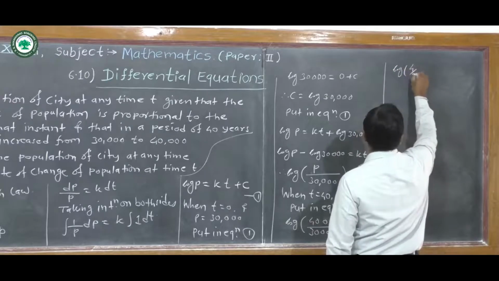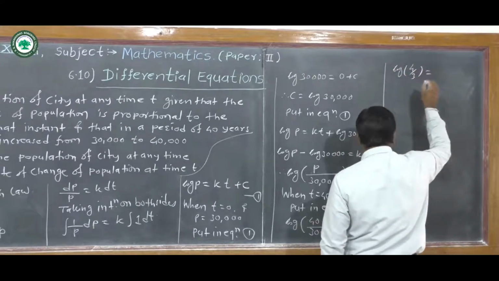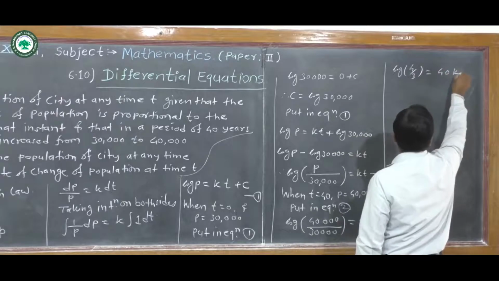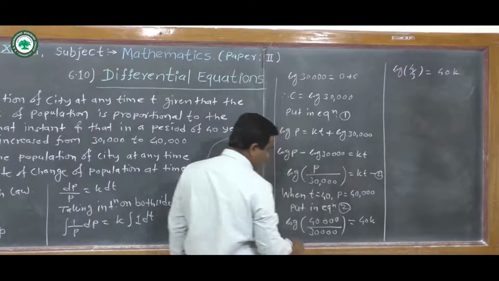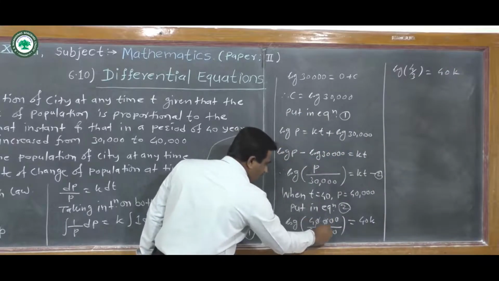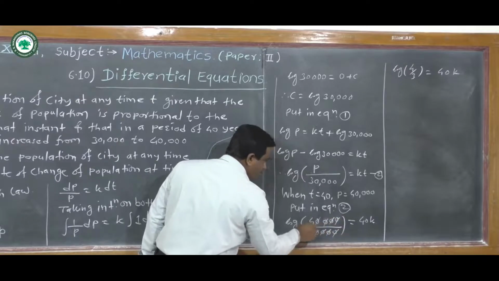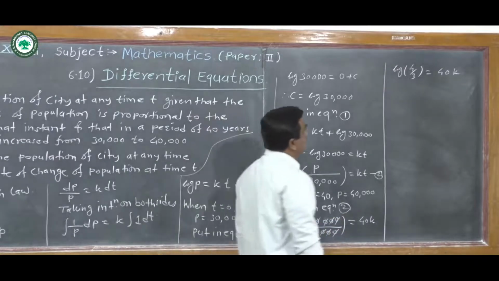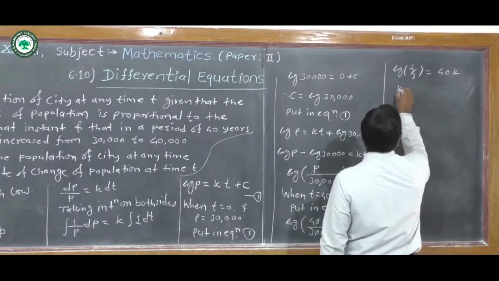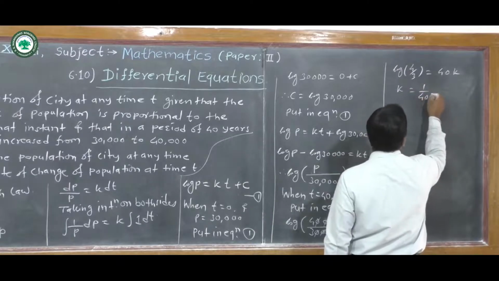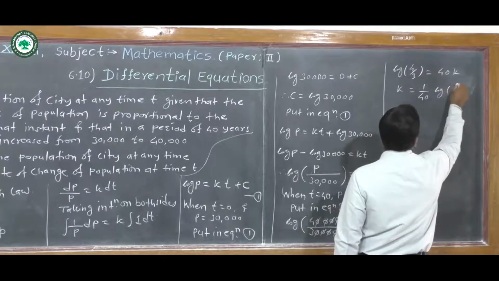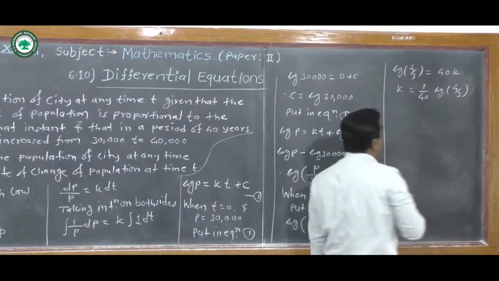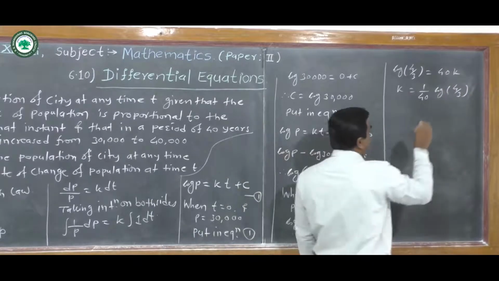Log of 4 upon 3 equal to 40k. Okay, the 0 0 cancel out, remains only 4 upon 3. That is, we can find value of k here. k is equal to 1 by 40 into log of 4 by 3. Say this as the equation number 3rd.